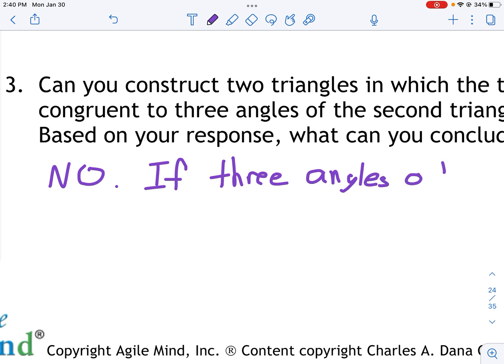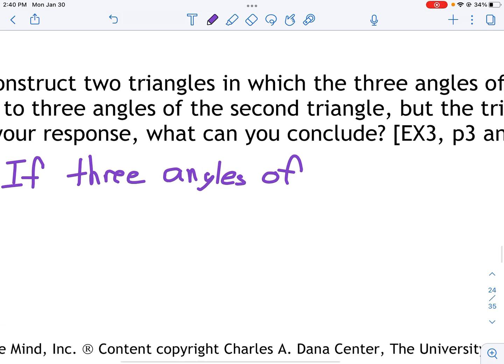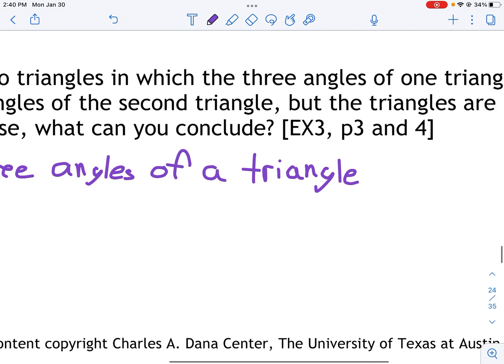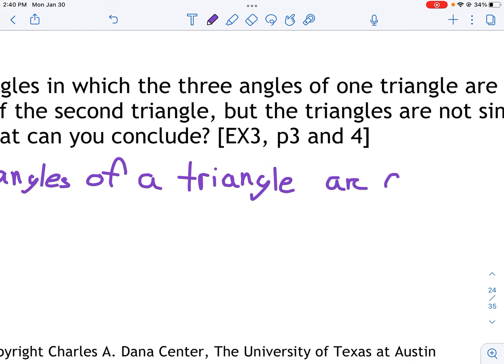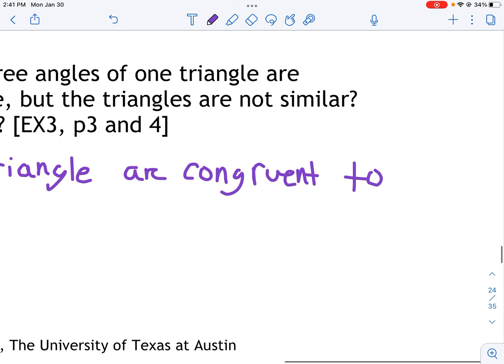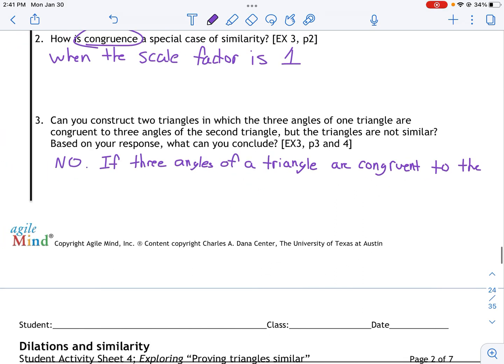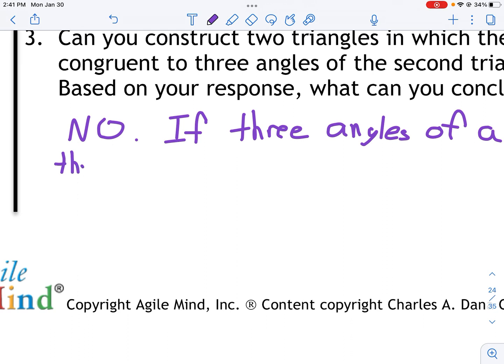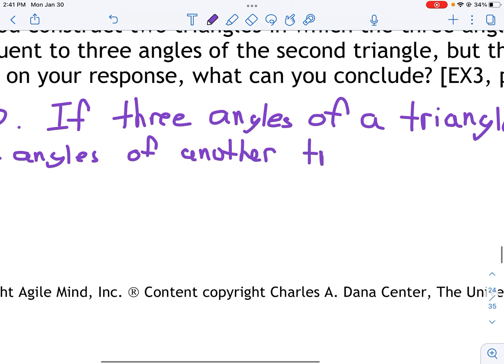If 3 angles of a triangle are congruent to the 3 angles of another triangle.